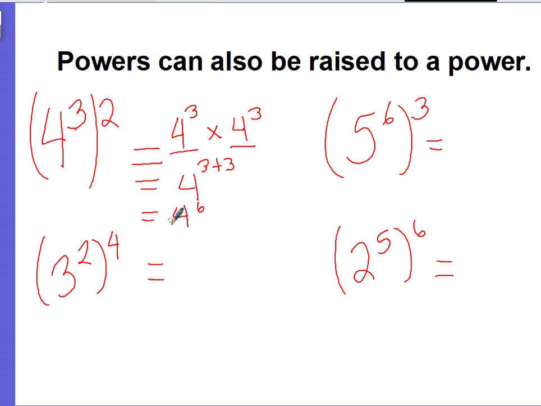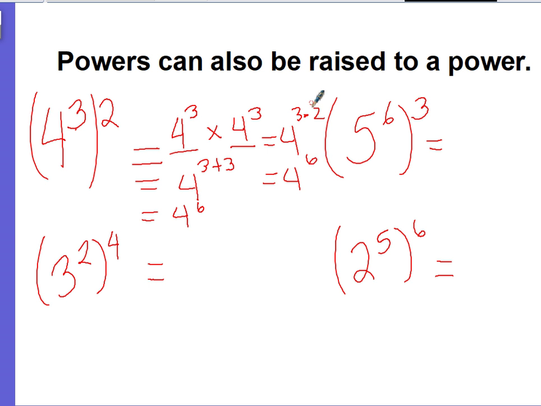But another way you could have done this from the beginning is to say that this is the same as 4 to the 3 times 2, which would also have given me 4 to the 6th, one step faster.